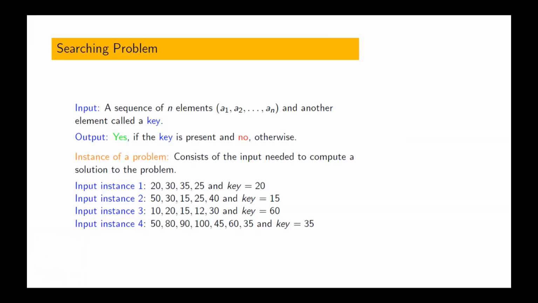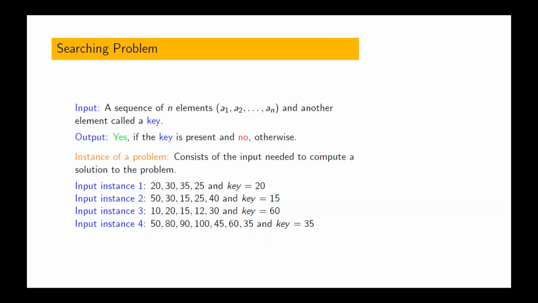In addition to that, we are also given another element that we call a key. That is our input. What do we need to find in the case of the searching problem? We need to determine whether the key is present in the given list or set or array of elements or not.